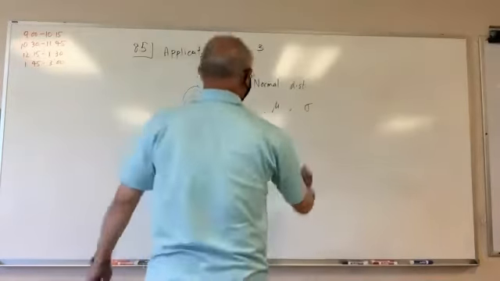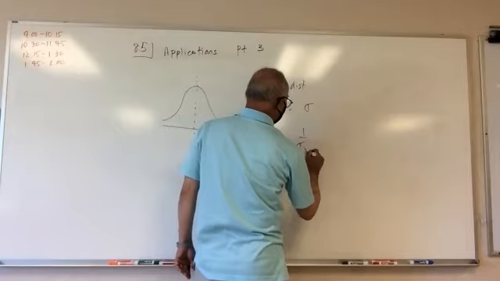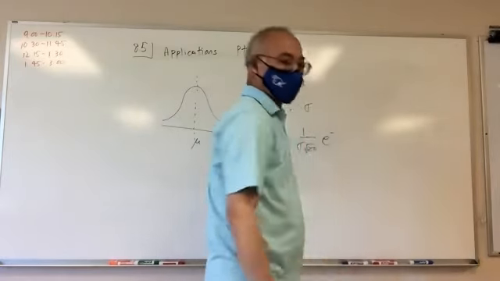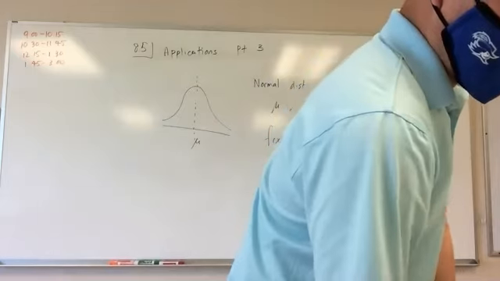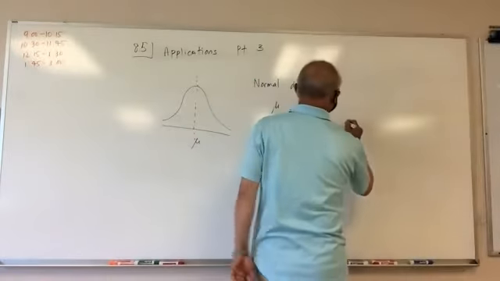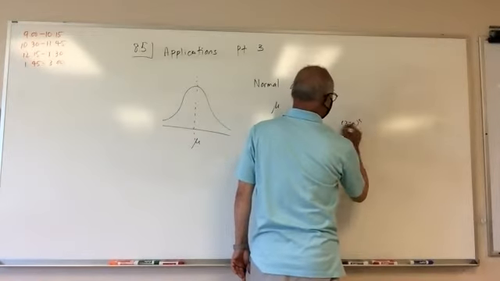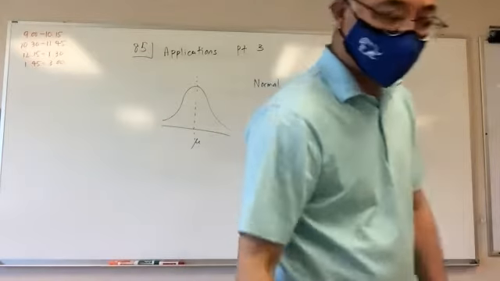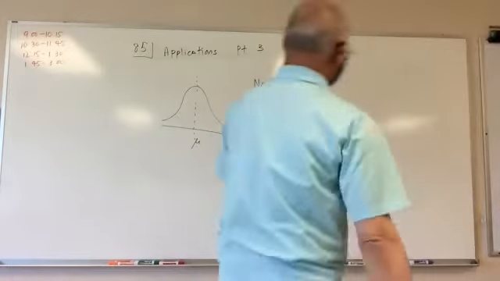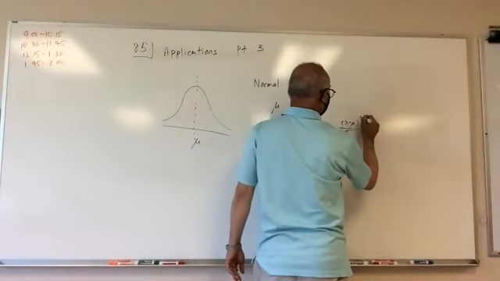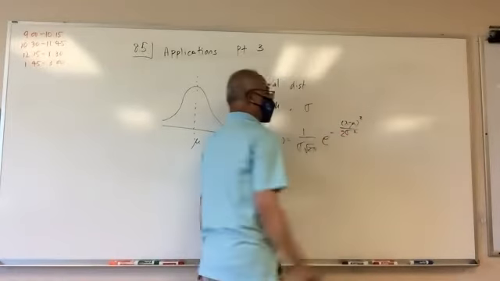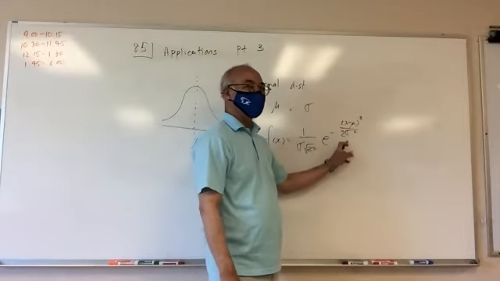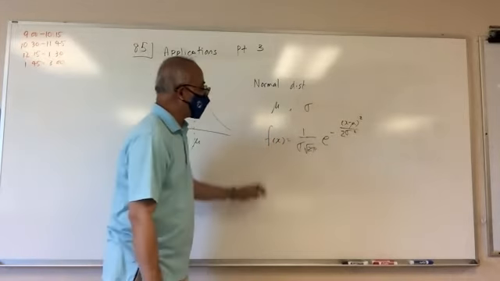So here it is: one over sigma square root of 2 pi, e to the negative x minus mu squared over 2 sigma squared. This is somewhat familiar for those of you who've taken statistics, but really it's not.